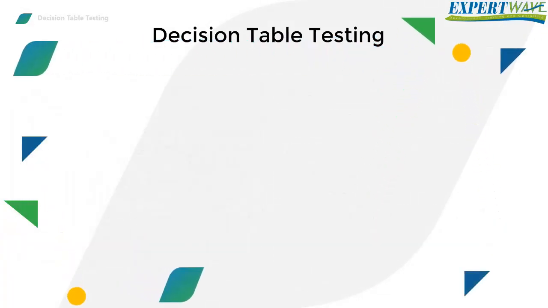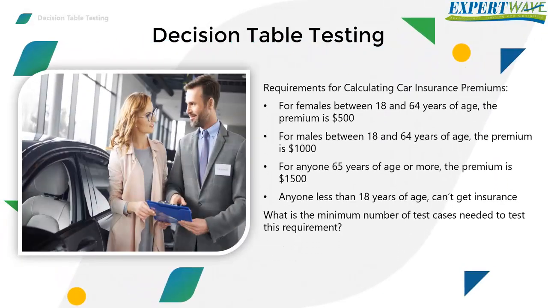Let's start with a simple example to understand it better. A company that sells car insurance asked you to develop software for them. The software requirements for calculating car insurance premiums are as follows. For females between 18 and 64 years of age, the premium is $500.